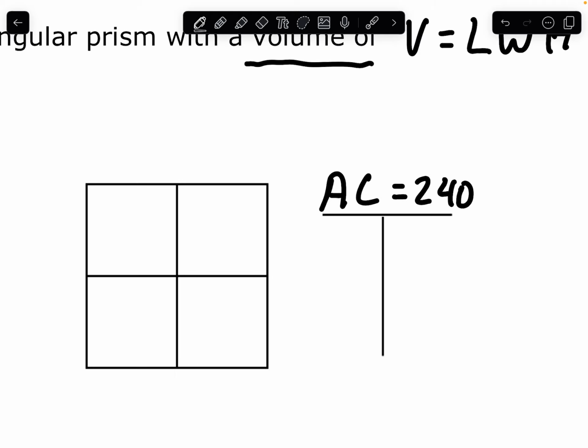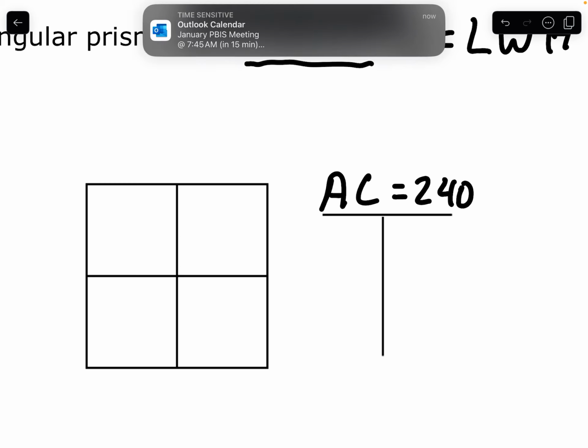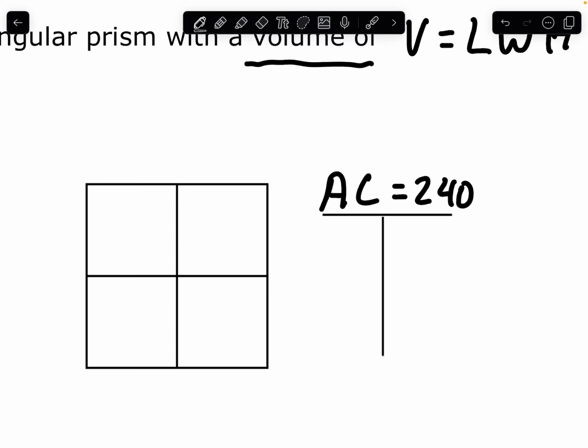If I want to, I can hit y equals. I can hit 240 divided by, and then I hit the x. And so I go in and I hit second graph now.